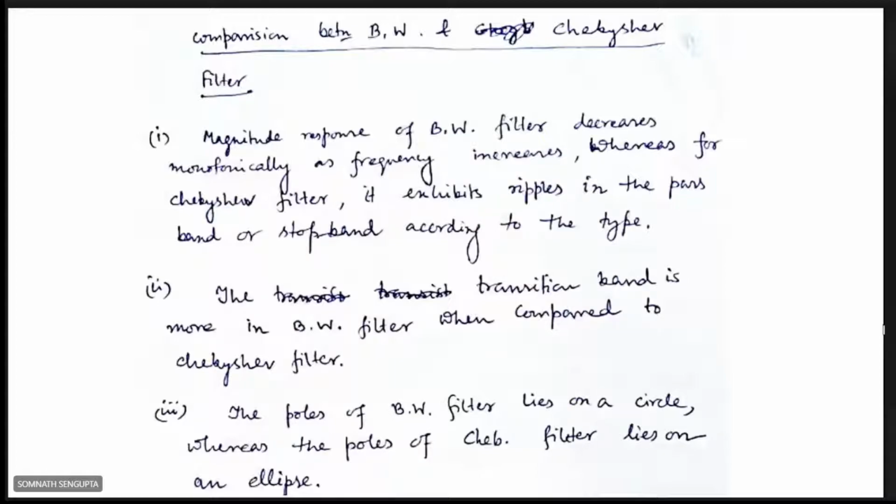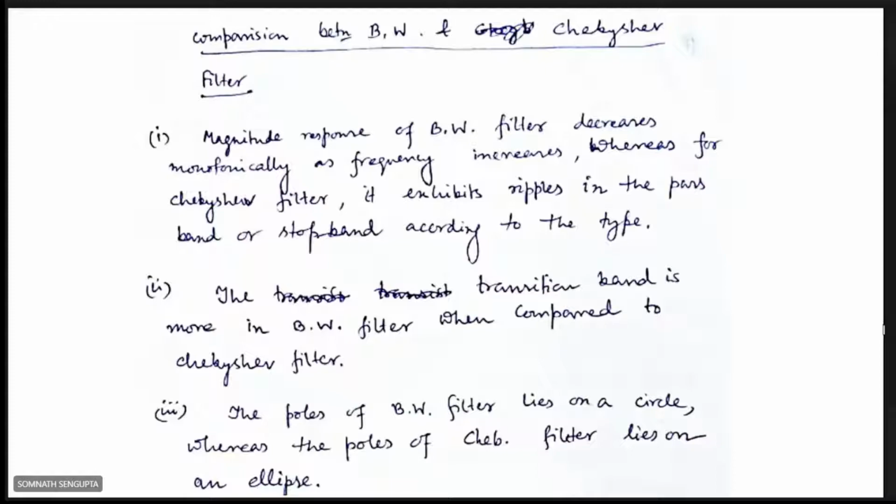Here we can see that the magnitude response of the Butterworth filter decreases monotonically as frequency increases, whereas the Chebyshev filter exhibits ripples in the passband or stop band according to the type. In Butterworth, the gain or magnitude response decreases monotonically as frequency increases.